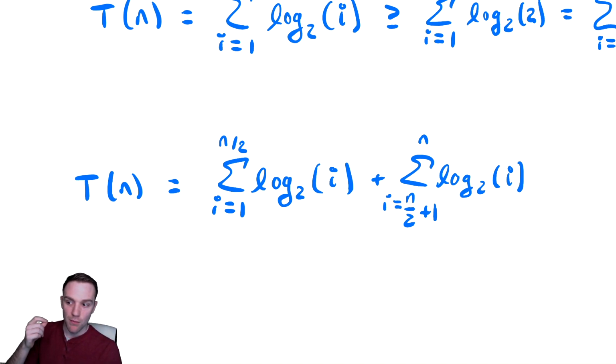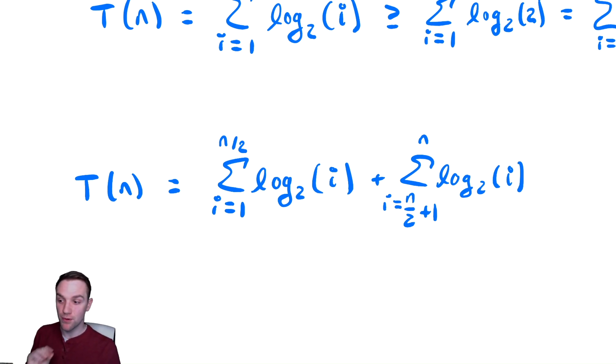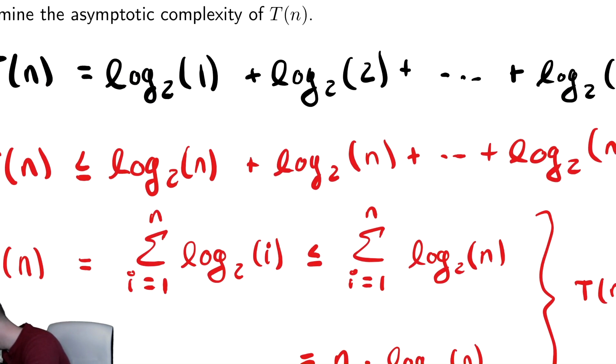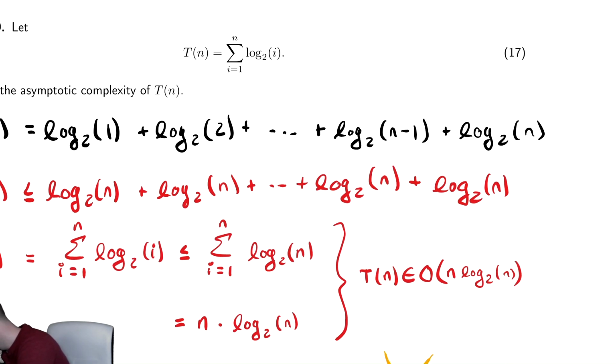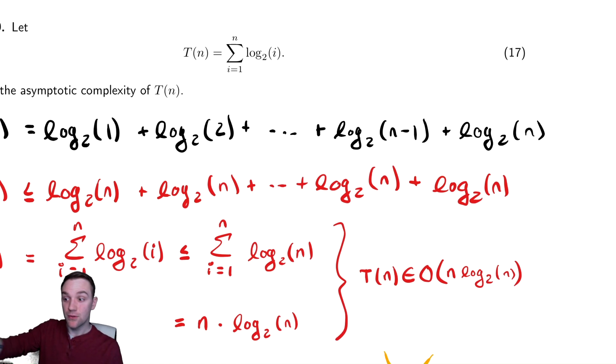So what we want to do is make this smaller by plugging in that bottom bound. Like we mentioned before, log is an increasing function. So by replacing every single value in the upper bound with the largest value, we made it bigger. Similarly, because it's an increasing function, to make it smaller, I would have to replace everything with the smaller value.